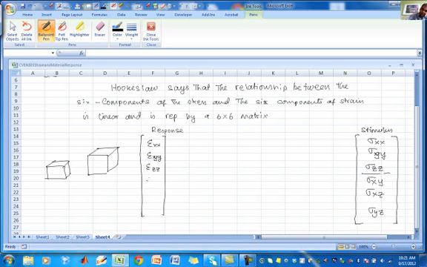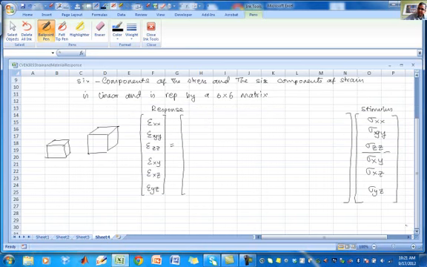Then I could have pure shear strains. So the relationship between these two things is represented by a 6 by 6 matrix, and this matrix is called the compliance matrix. This is what Hooke's law talks about.